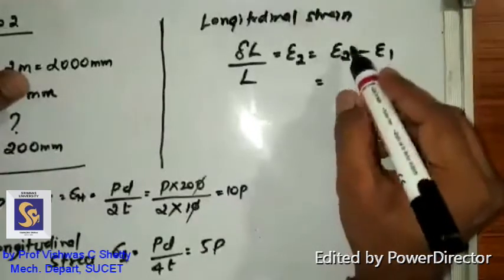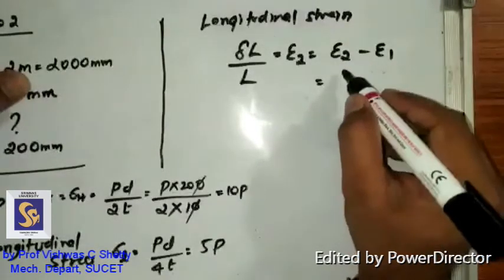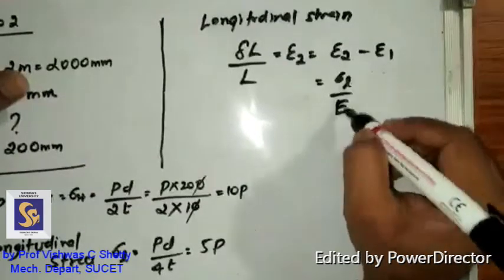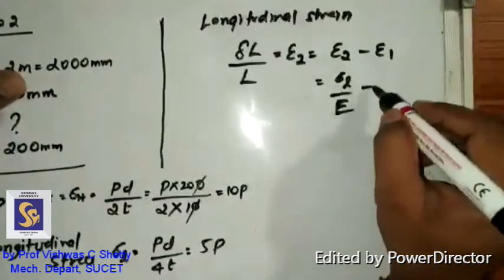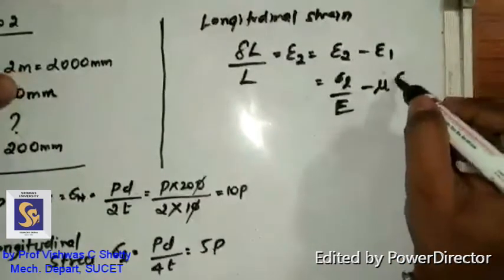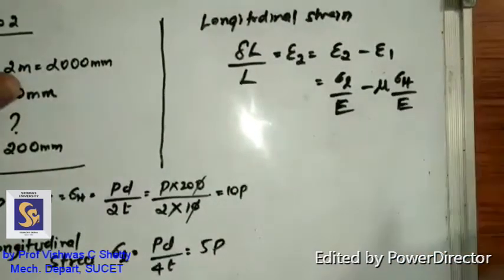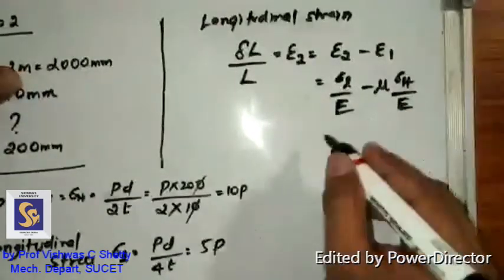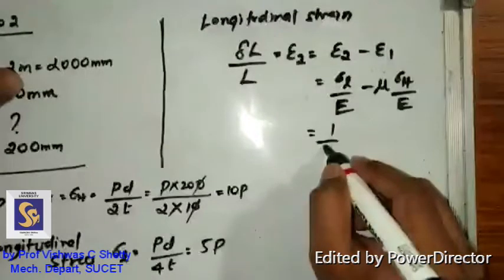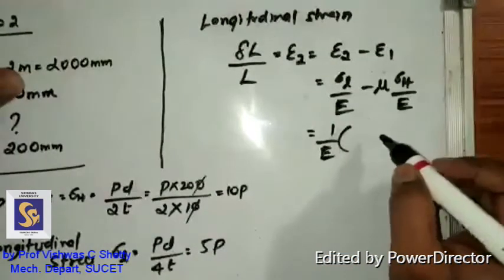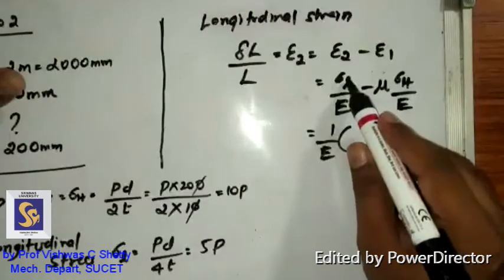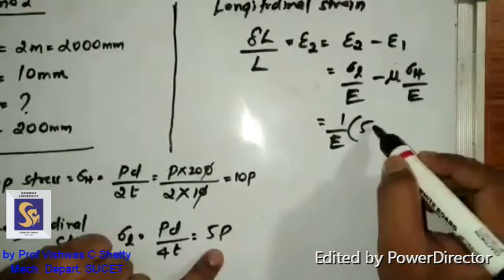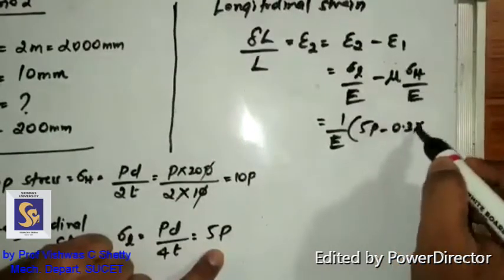Or if you want to write in terms of stresses, longitudinal stress upon E minus, whenever minus is there, consider Poisson's ratio, hoop stress upon E. So 1 upon E again: sigma L is 5p minus 0.3 into 10p.